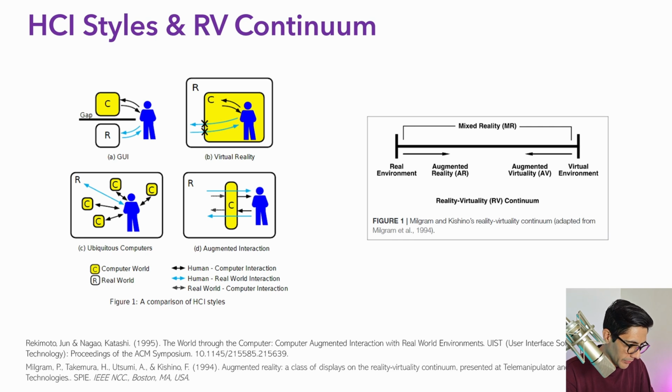On the left, we have the diagrams from Rekimoto and Nagao from 95 that define different styles of human-computer interaction, where we have simple graphic user interfaces, where we have ubiquitous computers, and then we put augmented information or devices around our space that contain information about the space and interact with us, such as smart bulbs or smart audio, smart fridges, smart consumer electronics, etc., around our environment. They talk, they communicate through cloud, and they interact with us.